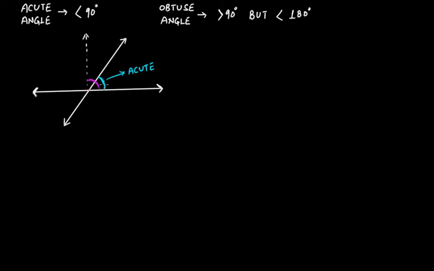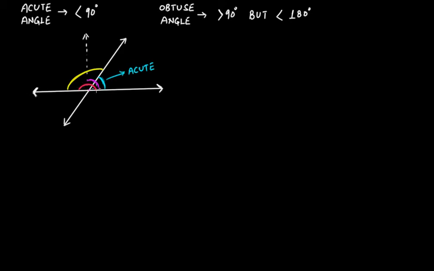Now, if this is an acute angle, then what's this angle? Now, this angle is an obtuse angle, and if you are thinking why, then let me tell you: is it a straight angle from here to here?